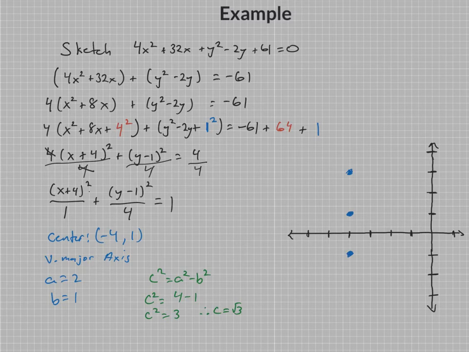The next thing I know is that the endpoints of my minor axis are going to be 1 unit to the left and to the right of the center point. So my center point is there, and now I'm going to move 1 unit to the left and 1 unit to the right.